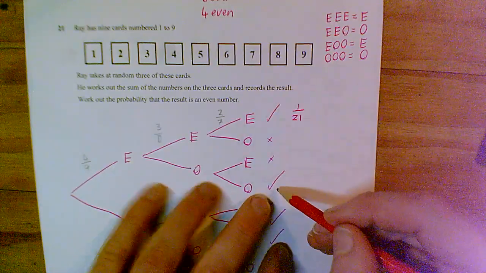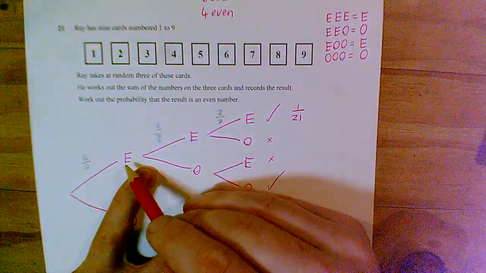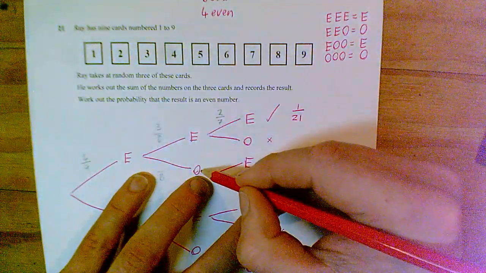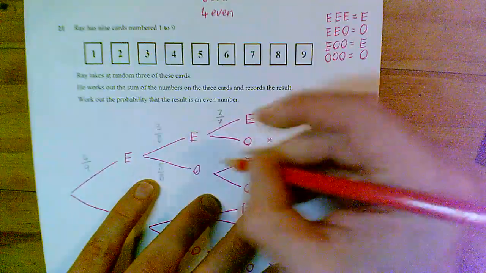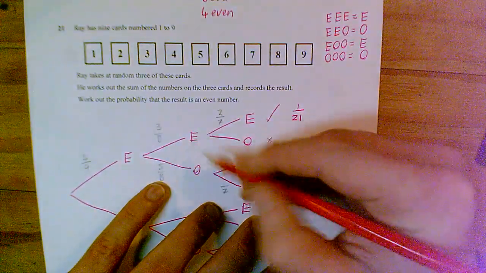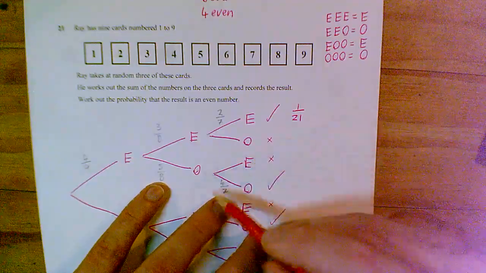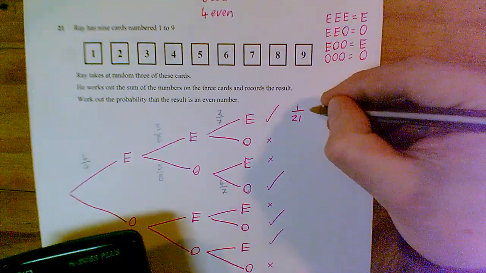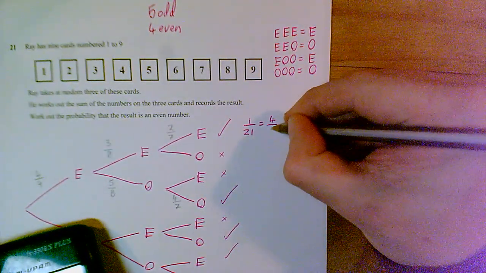Right, so how do I get down here? So taking an even, there's 8 left. How many odds left? Oh, so 5 odds are left. Then I've taken 2 cards, so there's only 7 left, and 4 of them are odd. So I need to multiply those 3 together. I should have written my working for what I'm doing there, really, just to demonstrate to the examiner that I know what I'm doing.